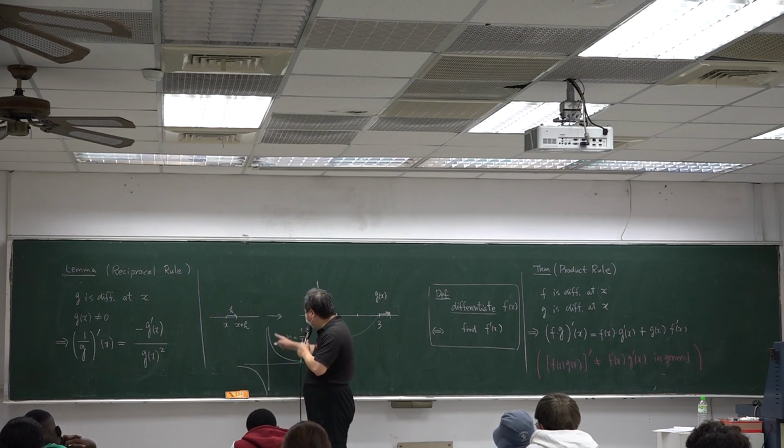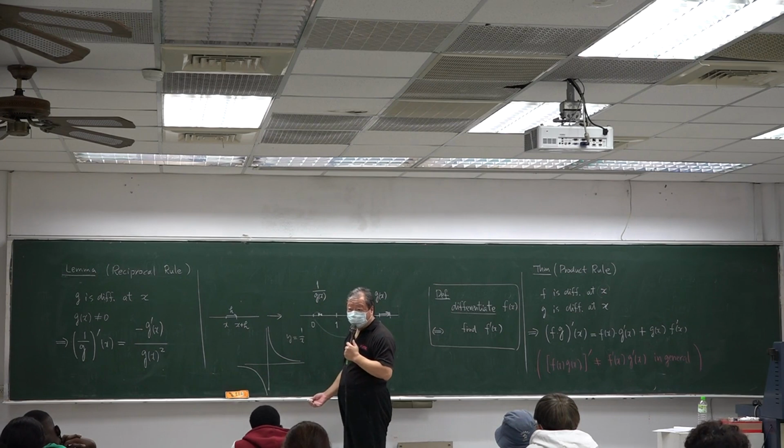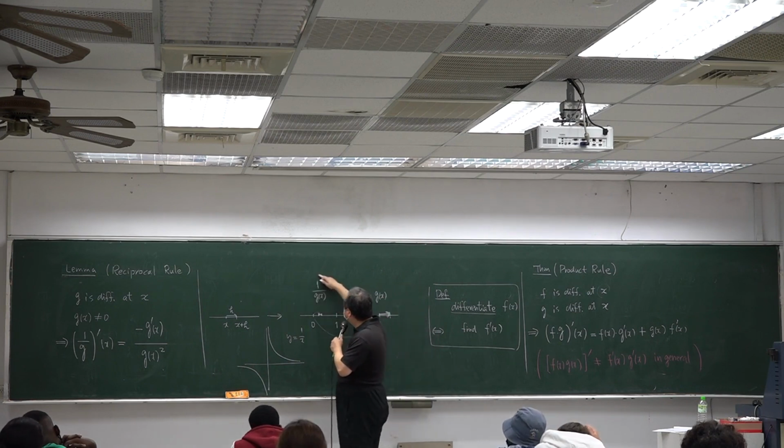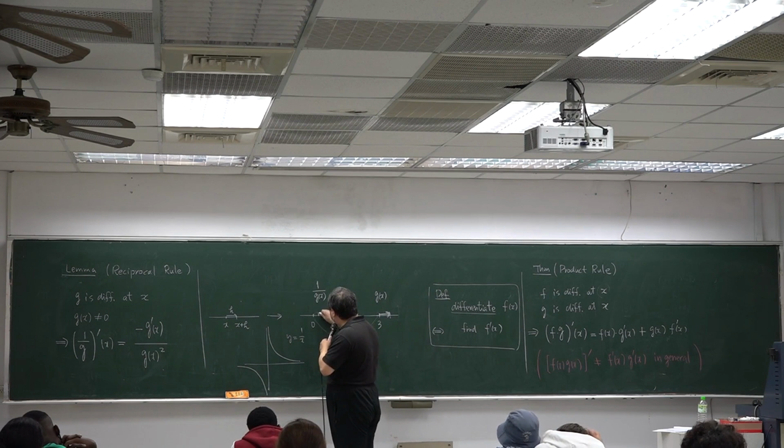When x is positive, decreasing. When x is negative, also decreasing. So if the increment of g is positive, then the increment of the reciprocal of g will be to the left.